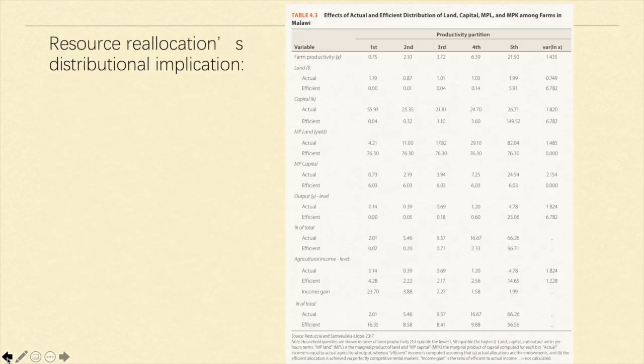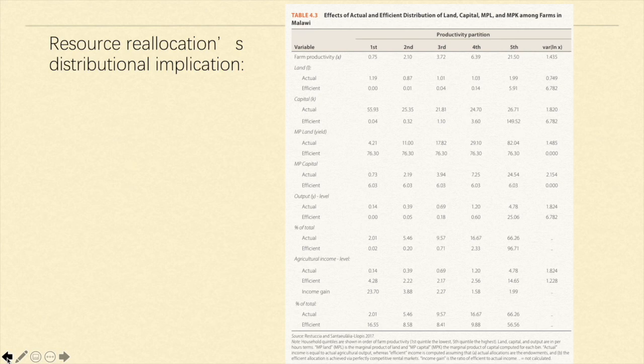From table 4.3, we can see that most farmers are operating on less than 2 acres of land, but the most productive farm should operate on almost 6 acres on average. The actual distribution of income and productivity is widely dispersed despite the relative equalization of inputs across farmers in Malawi.